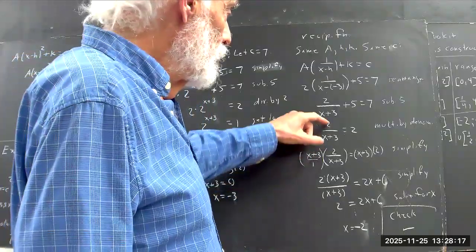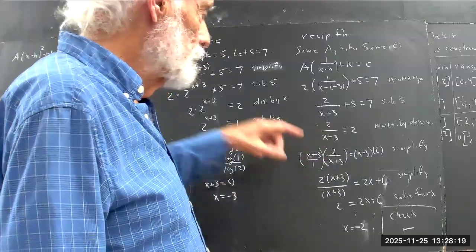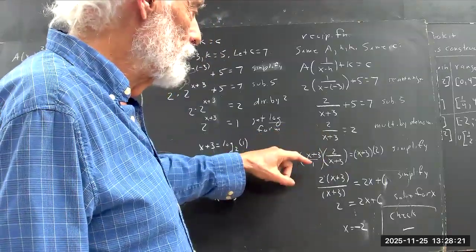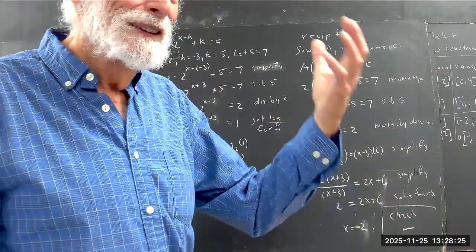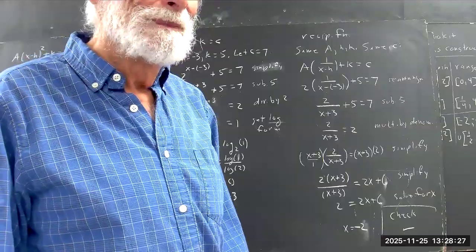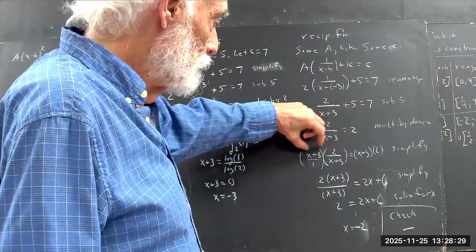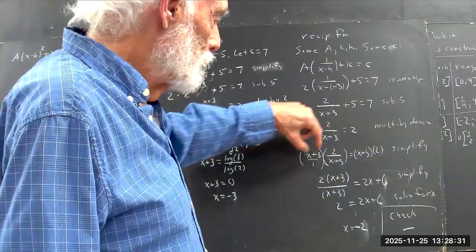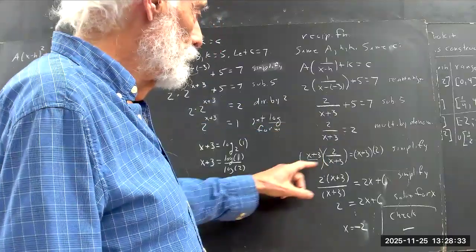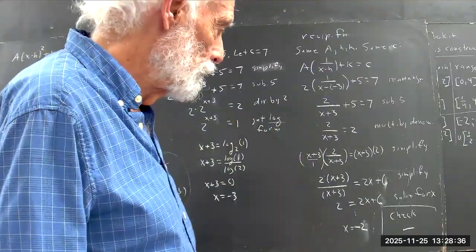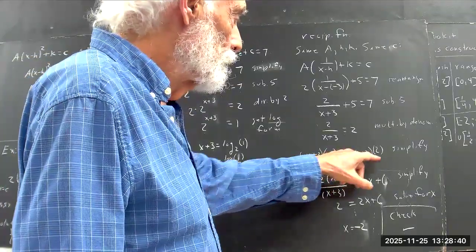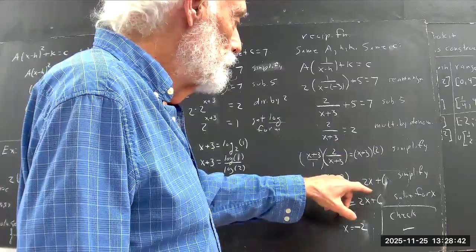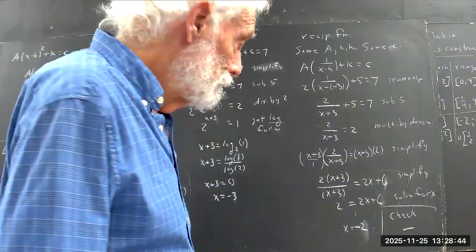Now, when we multiply 2 over x plus 3 by x plus 3, it helps to write this as x plus 3 over 1 if you're not really secure with rules for fractions. Then you can see that when we multiply numerators, we get 2 times x plus 3. When we multiply denominators, we just get x plus 3. On this side, multiply x plus 3 quantity by 2, we get 2x plus 6.